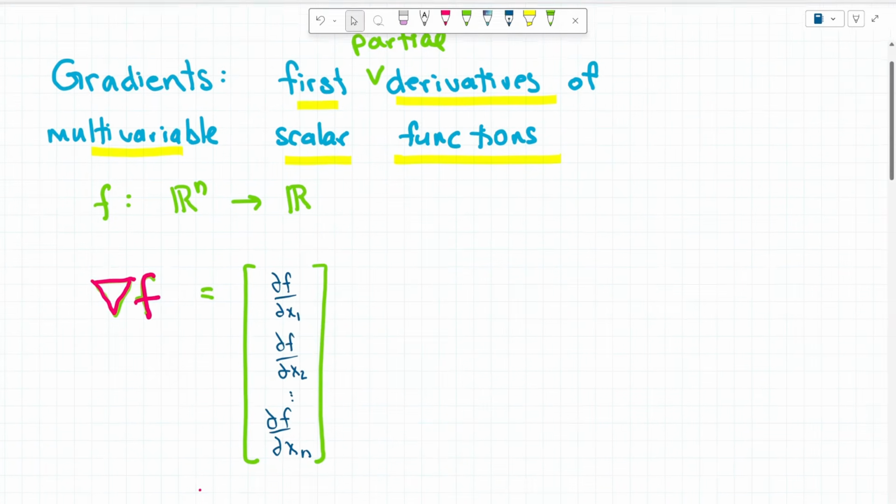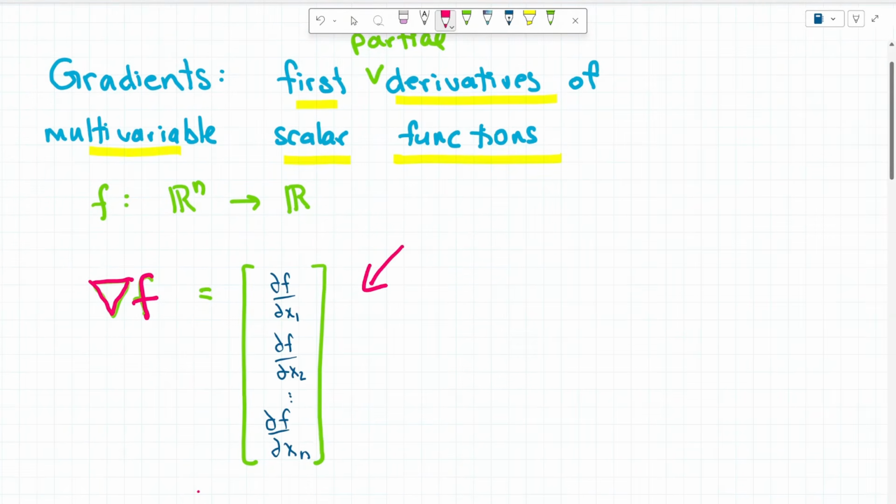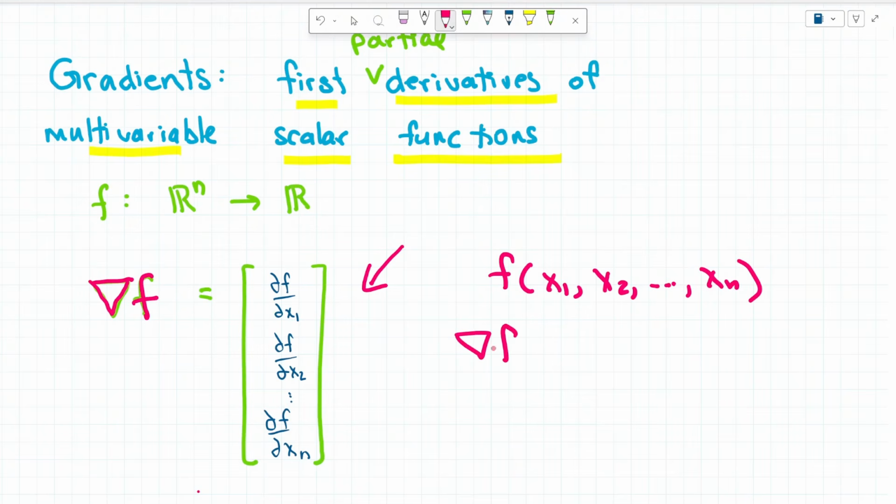The result here is going to be a collection of first partial derivatives of your initial scalar function. So say you had some function f and you had x1, x2, all the way to xn as your input, then the gradient of your function is going to look just like this.